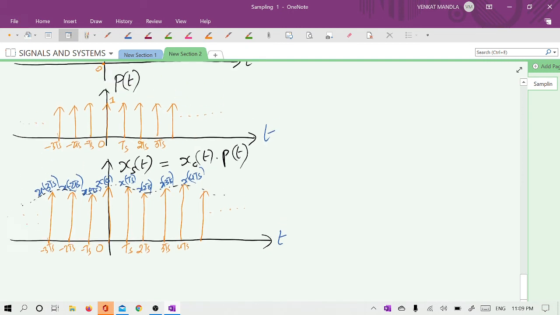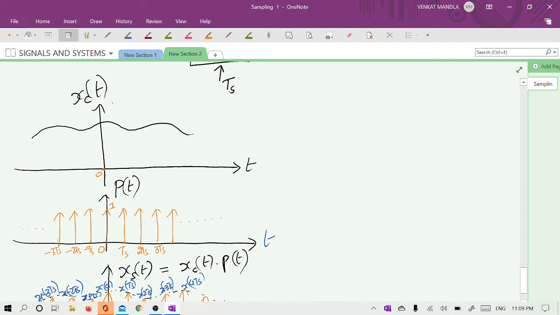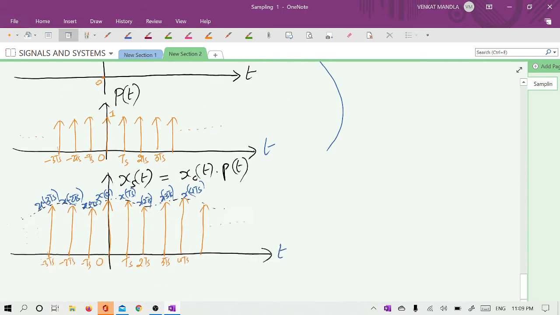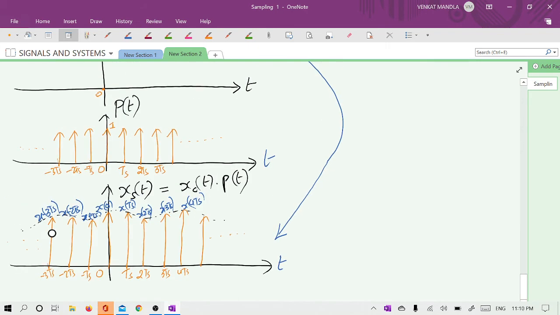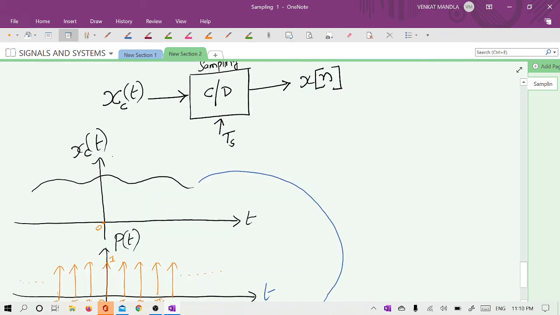Okay, so this is still in the time domain t. All these are in the time domain. So what did I get? I have lost information. What information have I lost? From 0 to Ts, in between, whatever information I initially had, I have lost.